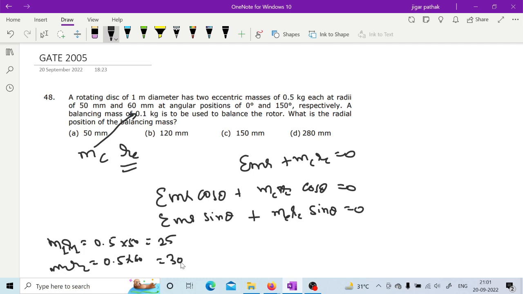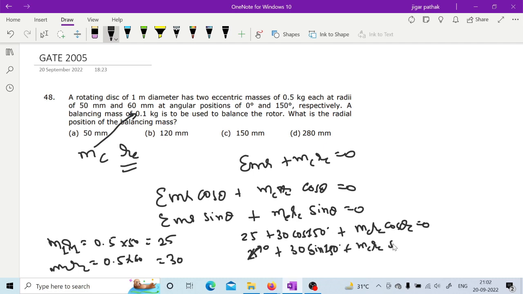So 25 cos 0 plus 30 cos 150 plus MCRC cos theta c equals to 0, and then here 25 sine 0 will be 0 anyway, right? So it will be 0 plus 30 sine 150 plus MCRC sine theta c equals to 0.